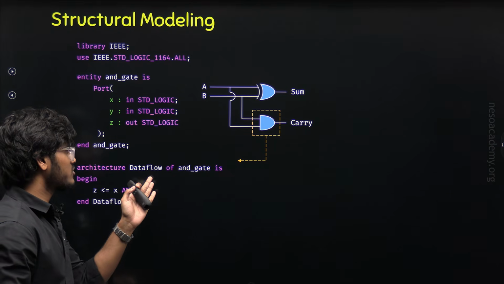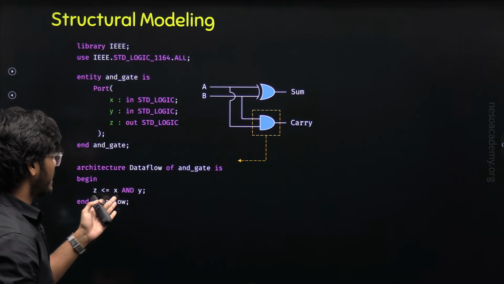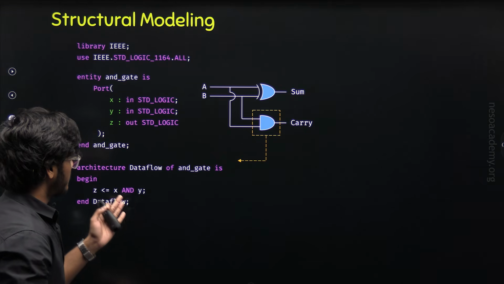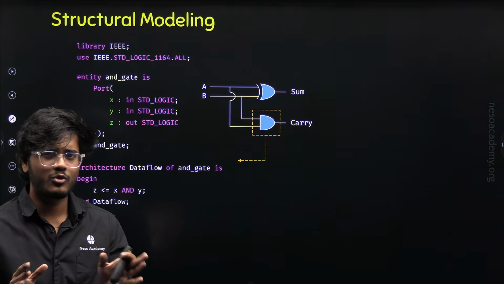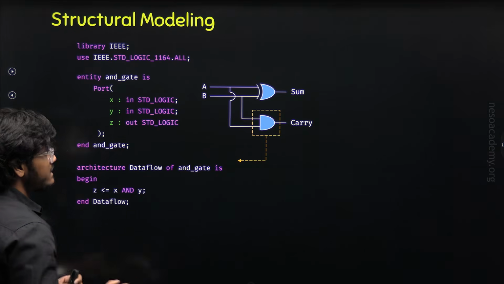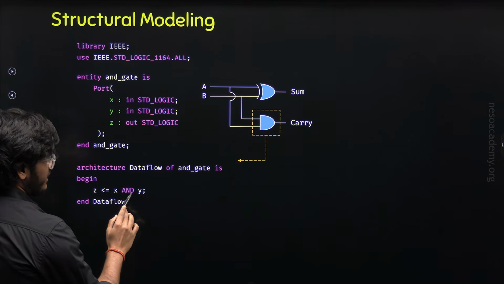As in dataflow modeling, we directly write the Boolean expression. And here we are writing the Boolean expression using the logic operator AND. And I have already explained what logic operators are. In this case, to define the AND operation for this AND gate, we are using the AND operator.